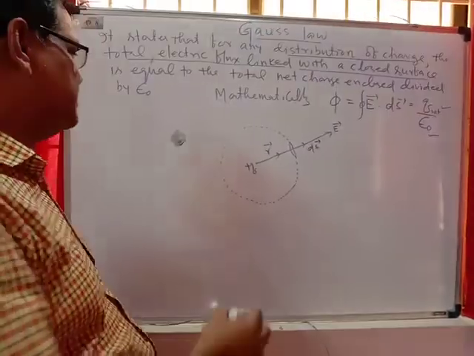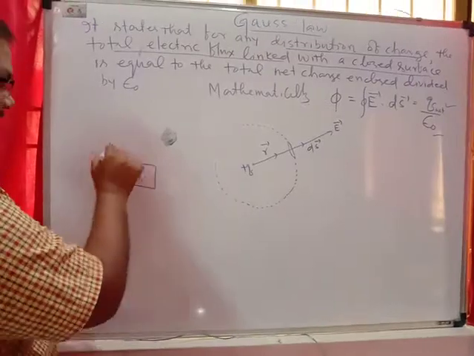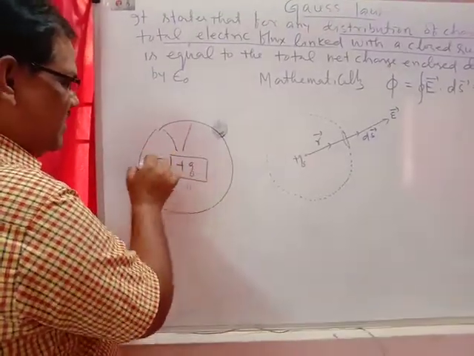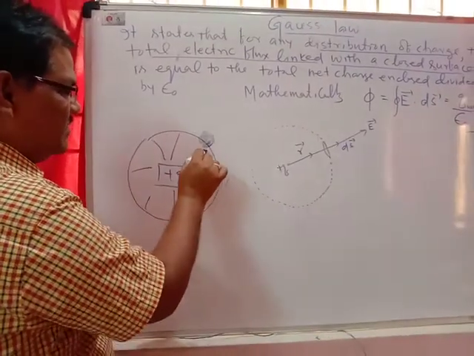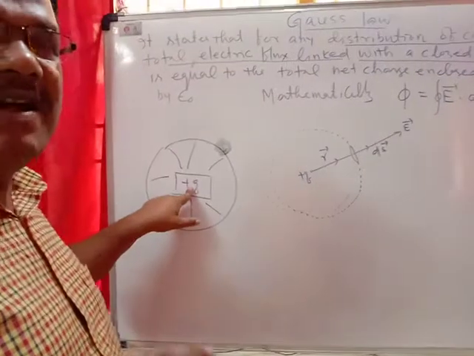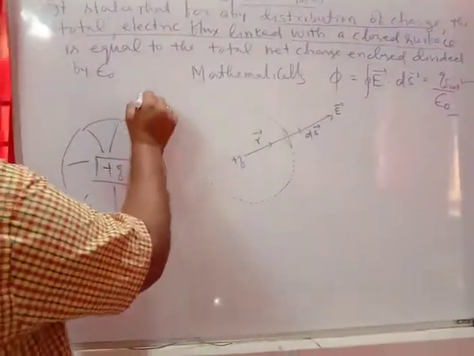Suppose the charge is distributed in this manner, plus q charge is there. If it is enclosed by a surface, the flux linked equals the total net charge enclosed divided by epsilon naught. That is what we have to prove for the law.